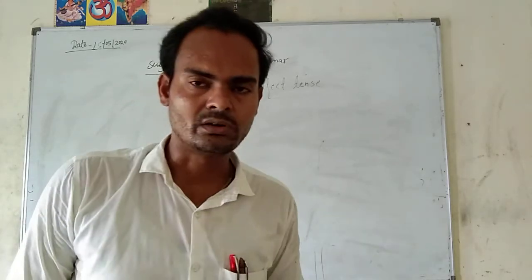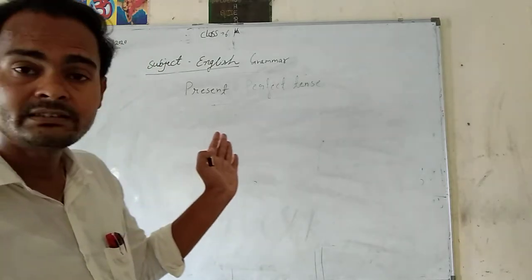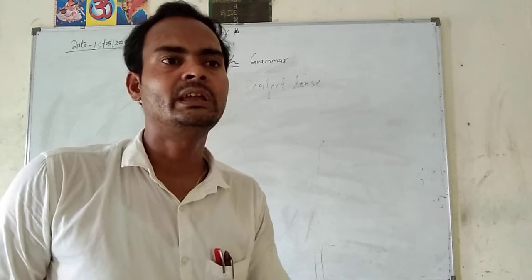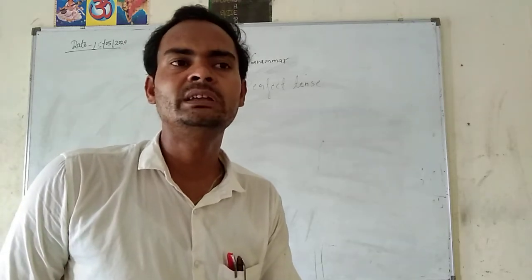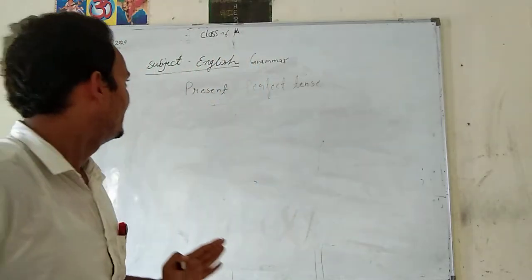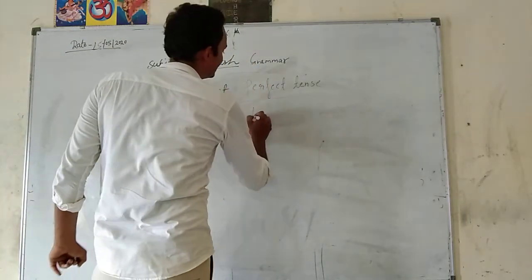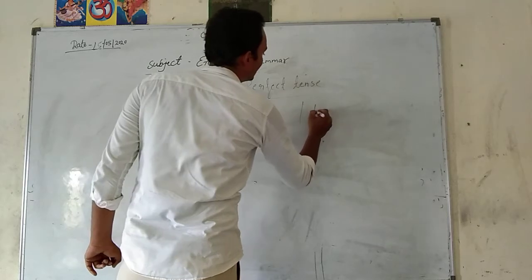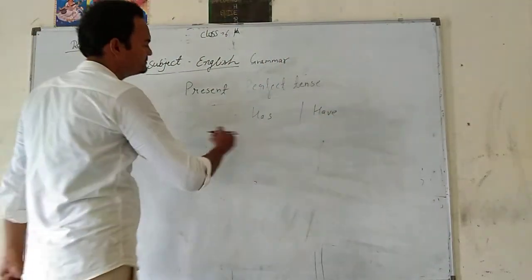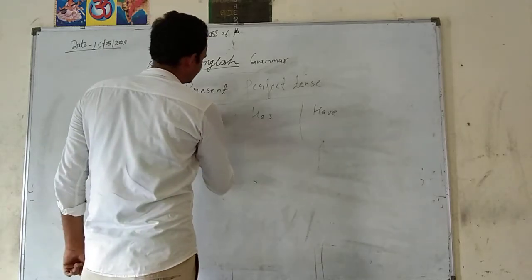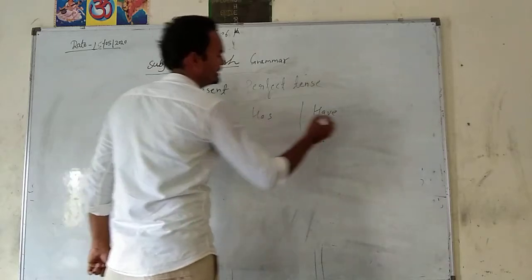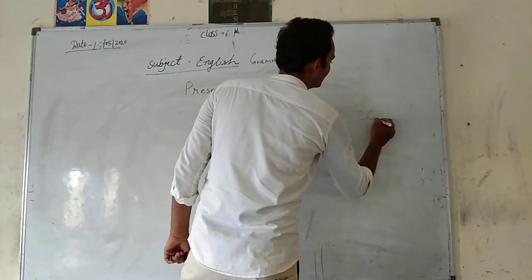But in present perfect tense, the incidents of present time are those in which the work has been accomplished or completed. The helping verbs are has and have. In that, has is for a singular subject, have is for plural.